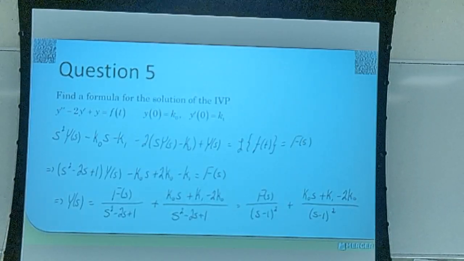Let me just see if we can do it. Should be able to. Let's see if that works.